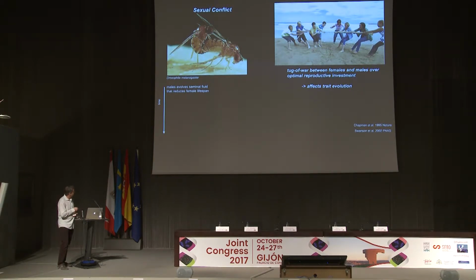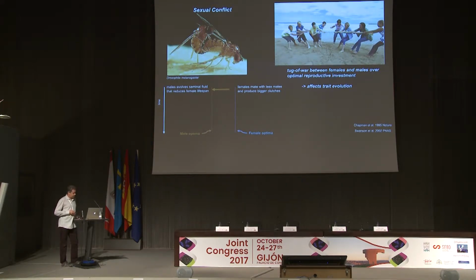So if we have the two optima, what happens is that the more males a female mates with, the less she survives, and thus the optimal strategy is, in this case, to mate with fewer males and produce bigger clutches. This is exactly what is beneficial for males.